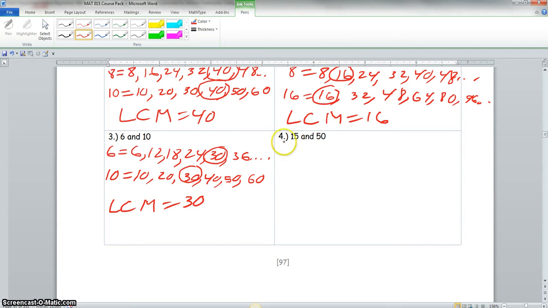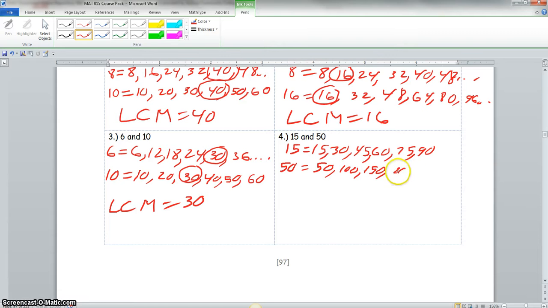Now, we have 15 and 50. Let's try this again. Going 6 out, we have 15, 30, 45, 60, 75, and 90. Now we have 50: 50, 100, 150, 200, 250, 300, and so on.